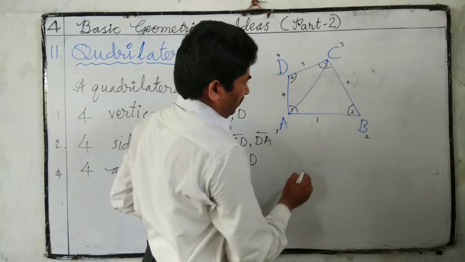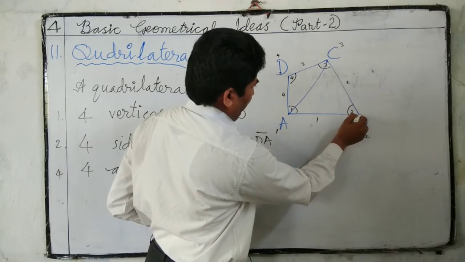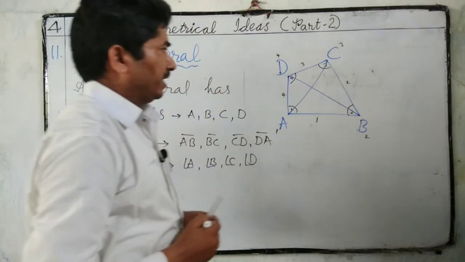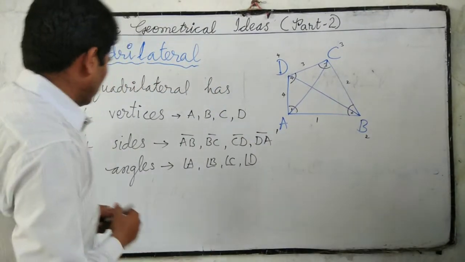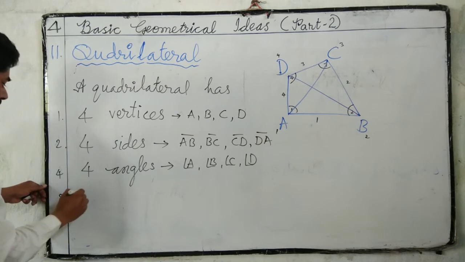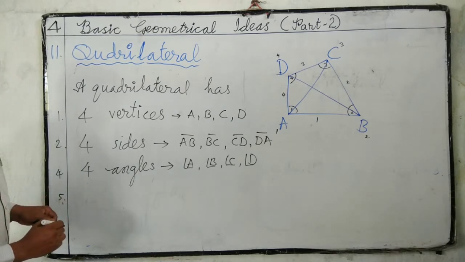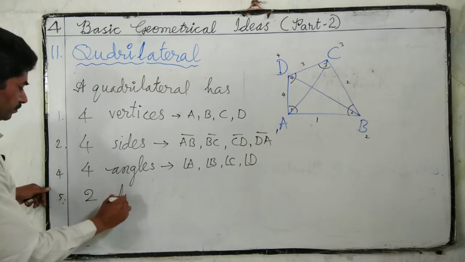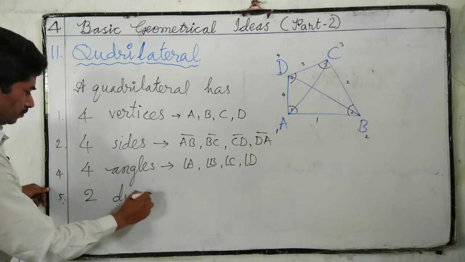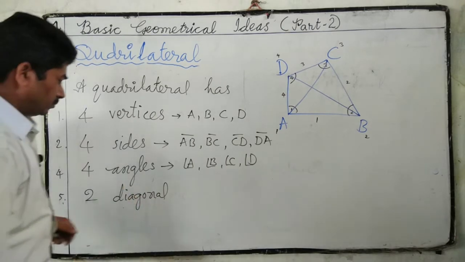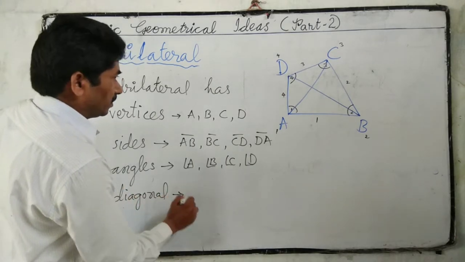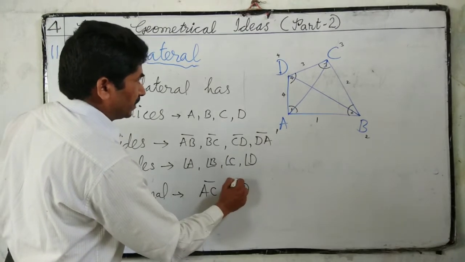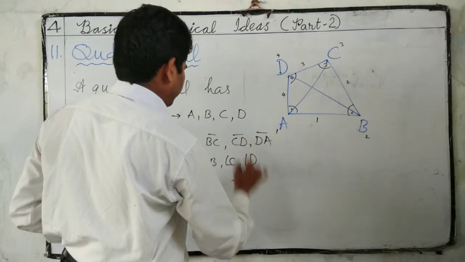AC is a diagonal. One more diagonal, if we join B and D, then we get BD as a diagonal. So a quadrilateral has two diagonals. They are AC, BD.